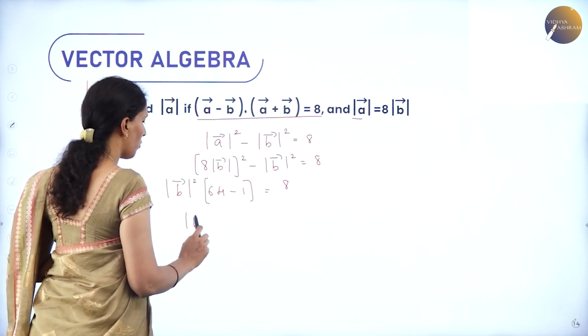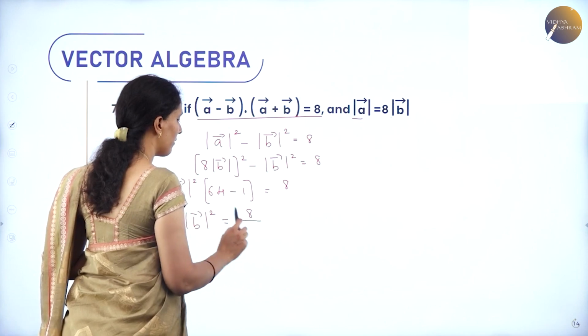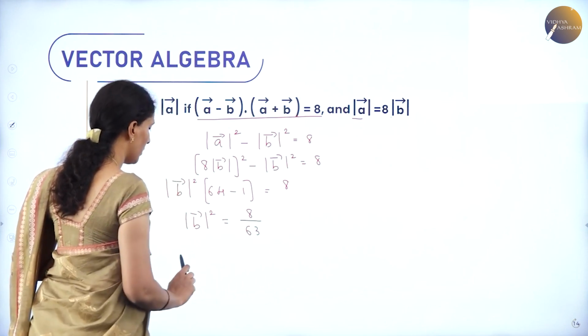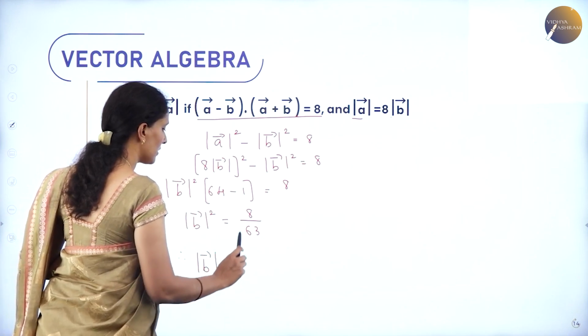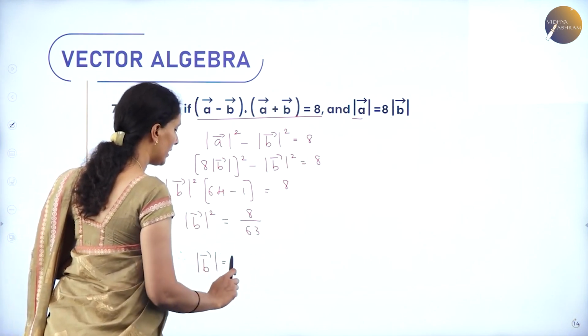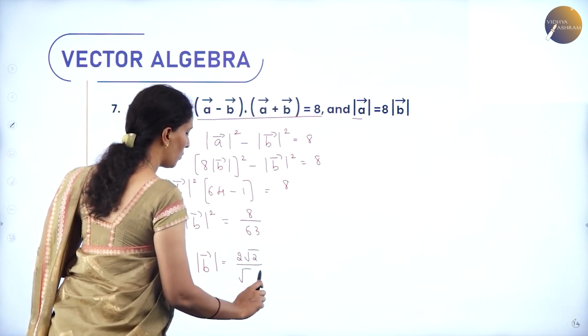So, magnitude of vector B square is equal to 8 divided by 63. Therefore, magnitude of vector B is square root of 8, which can be written as 2 root 2 divided by root 63.